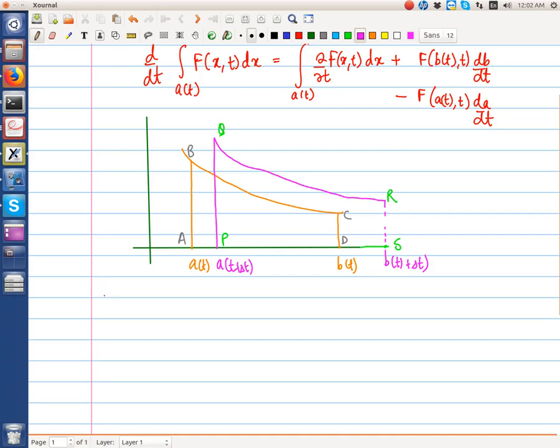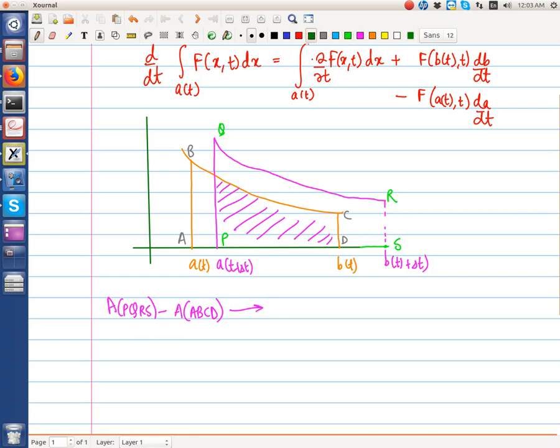So essentially it is area of PQRS minus area of ABCD, divided by delta t. But area of PQRS minus area of ABCD excludes this region. So the numerator consists of the following terms.